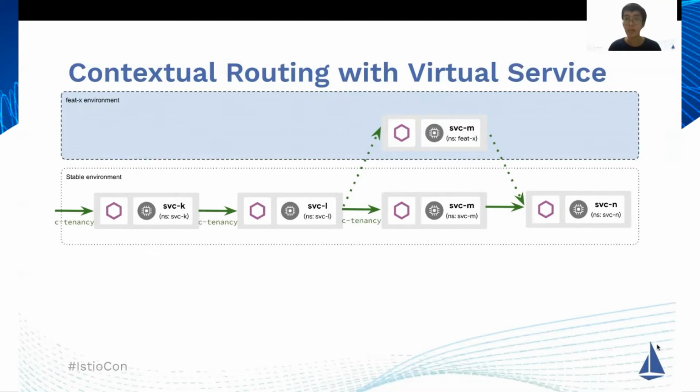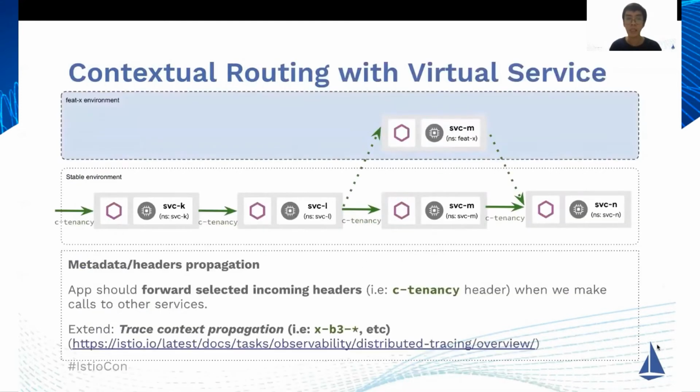Regardless of whether service M is in feature X or in the stable environment, we always forward the C tenancy header to service N. Since service N is not present in the feature X environment, we route the traffic to service N in the stable environment.